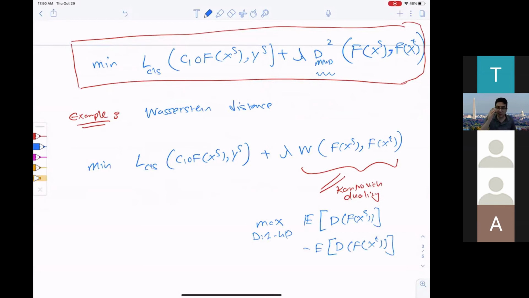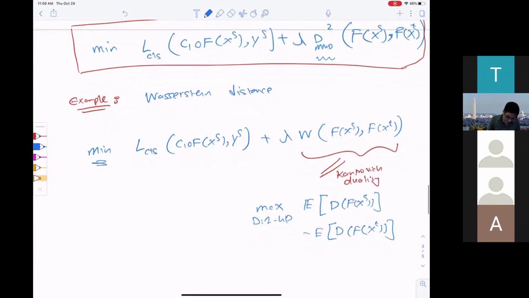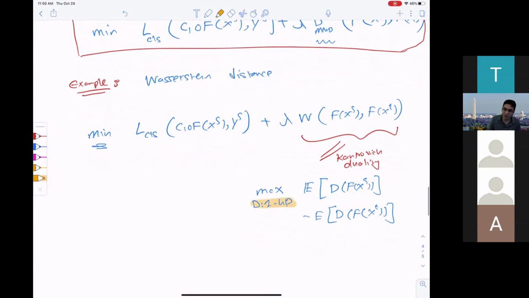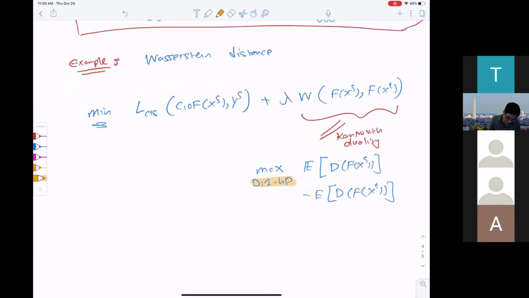So here I'll get a min-max type optimization, and the way I can solve it is using alternating gradient descent ascent. One difficulty here is how to characterize Lipschitz functions. There are some approximations here, similar to the GAN, where we use neural networks to characterize the discriminator.